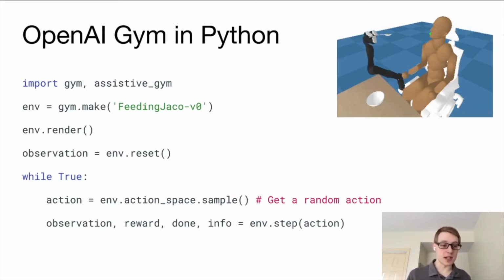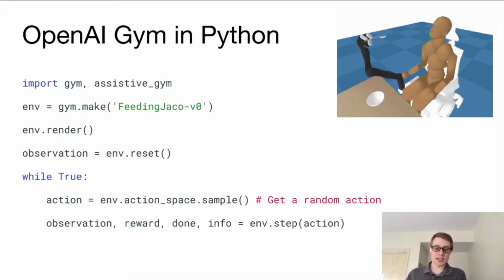Environment, in particular, here is an object. You think of it as the environment object, and that environment object has a bunch of different functions you can call. One of them is the reset function, which resets the environment back to its default state. Another one is the step function, which, as you specified, takes in an action for the robot and then will perform one step of the simulation.